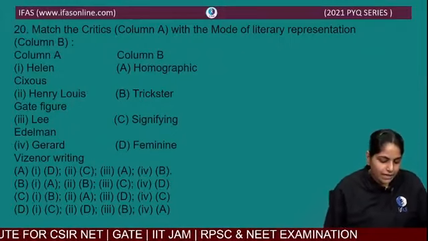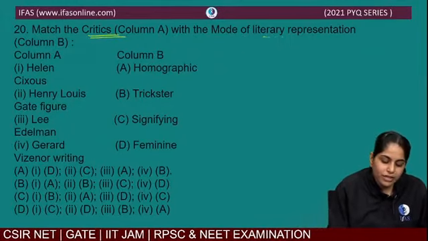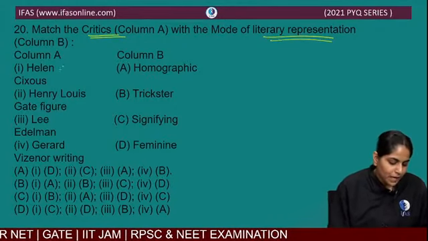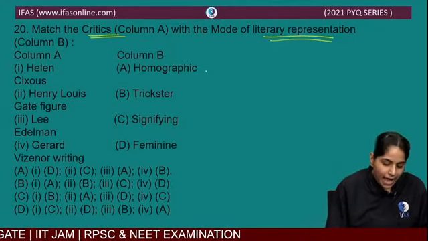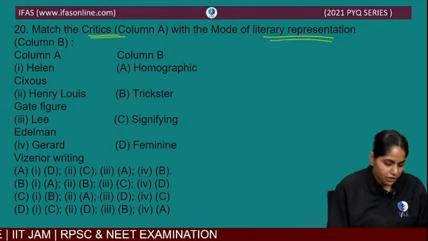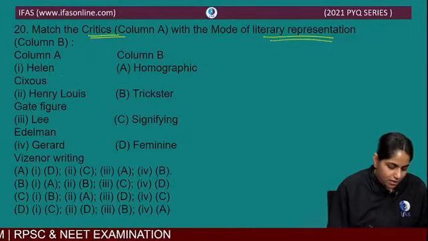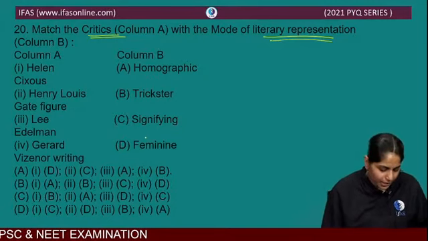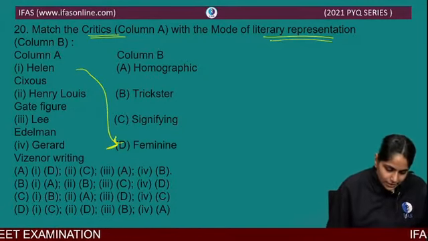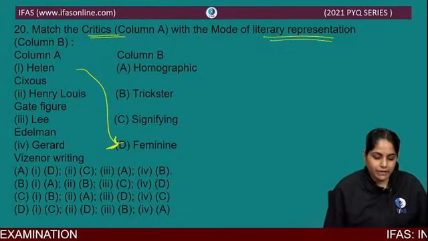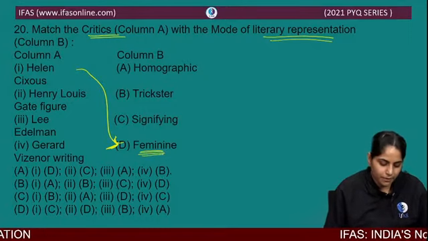And now the last question: match the critics with the mode of literary representation. The first list has the critics and the second list has their literary representations. The first critic is Helen Cixous, who can be related to the literary representation called feminine.